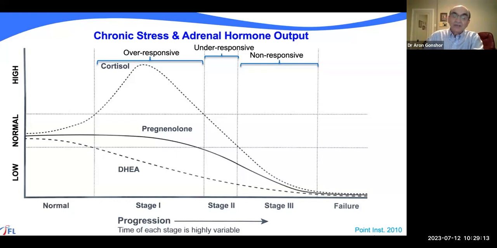And you go to stage 3, which is a very low, or in some cases leading to a non-responsive adrenal cortex to ongoing stress. You don't want to be in stage 3.